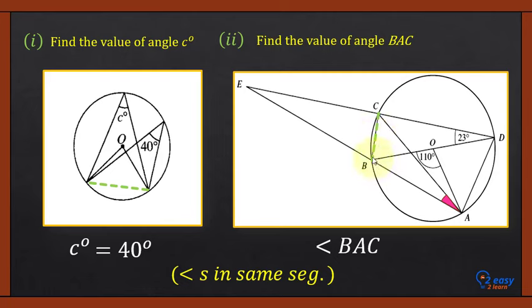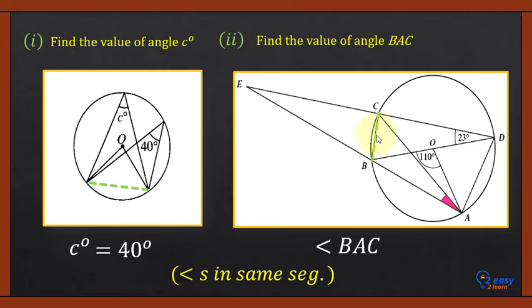Now move forward these points B and C to the other point of the circumference. If I move point C, it meets at point D and point B also joins point D, and it is making angle CDB of 23 degrees. This 23 degrees and this pink angle are formed by the same chord BC.